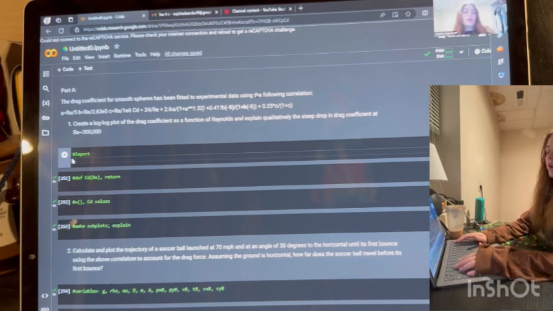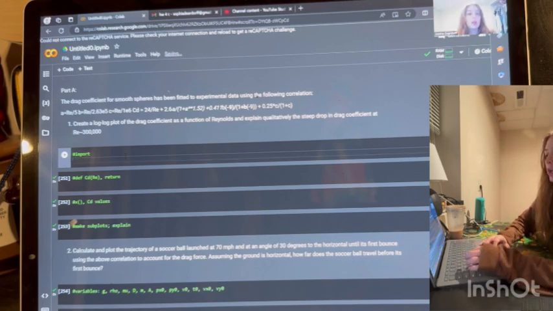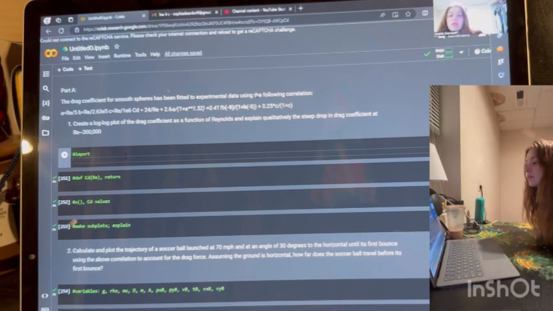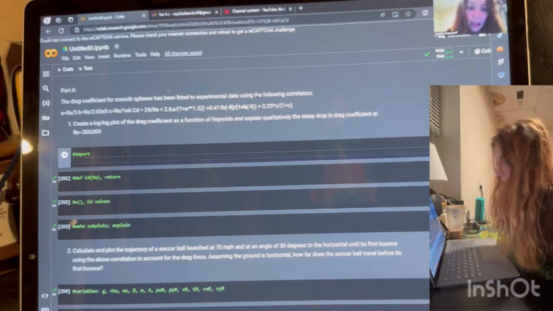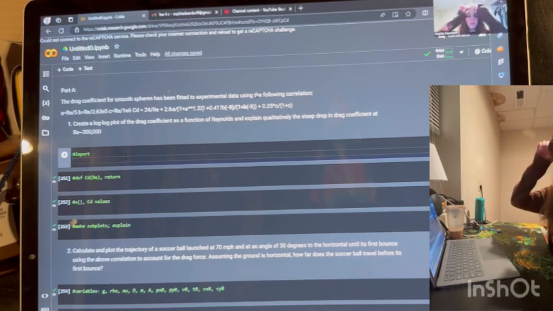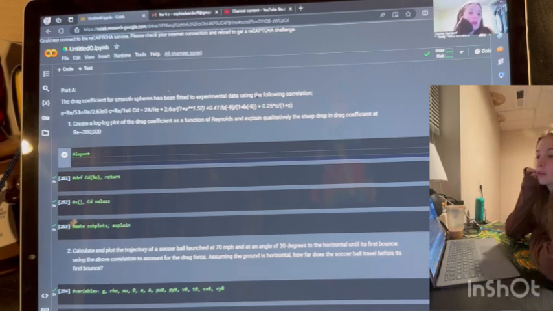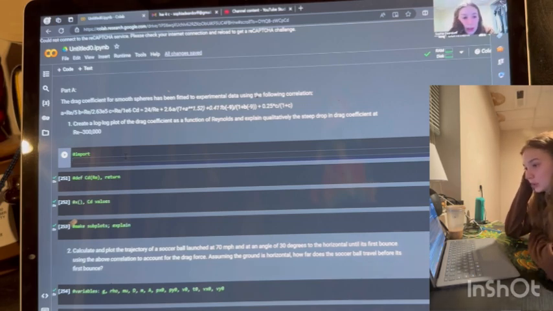Alright, so for homework 5, part A, question 1, we're going to be creating a log plot of the drag coefficient as a function of Reynolds number and explain qualitatively the steep drop in the drag coefficient at 300,000 with the given coefficient for spheres.